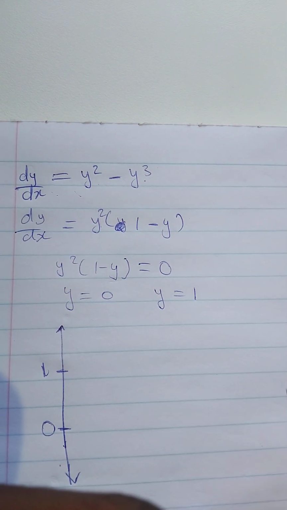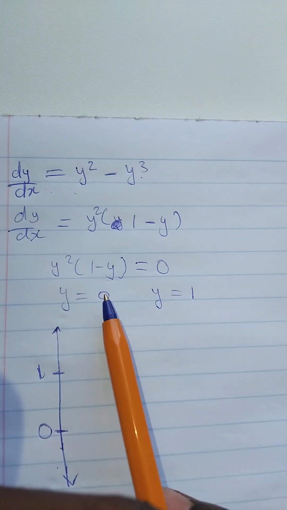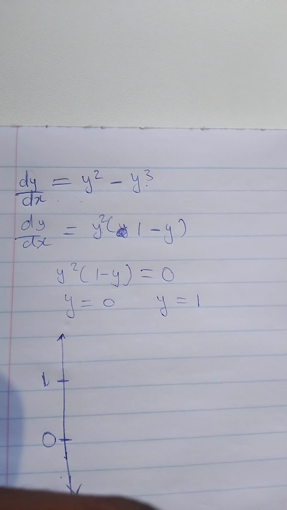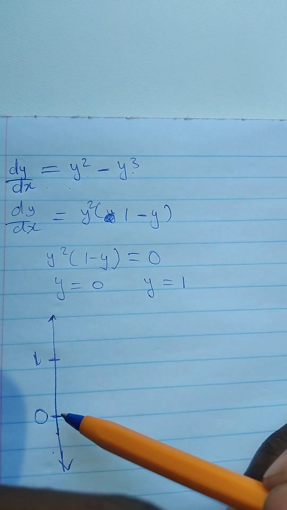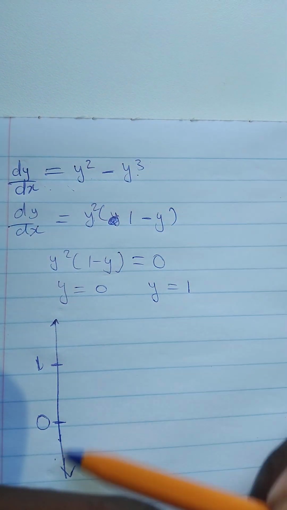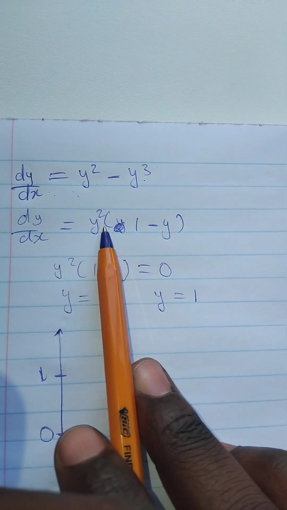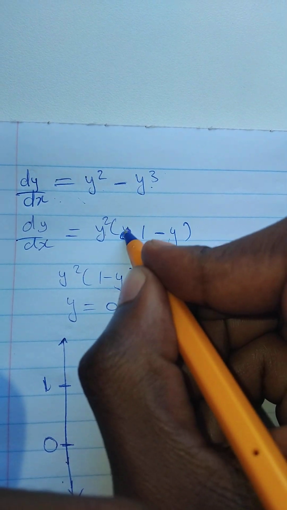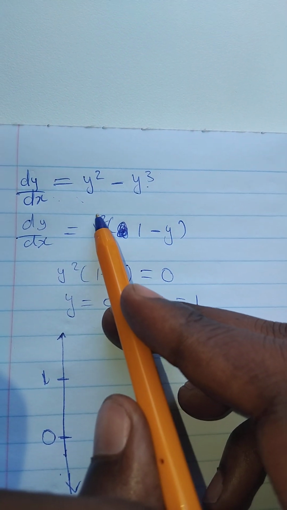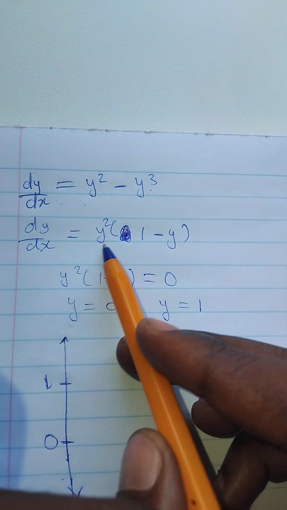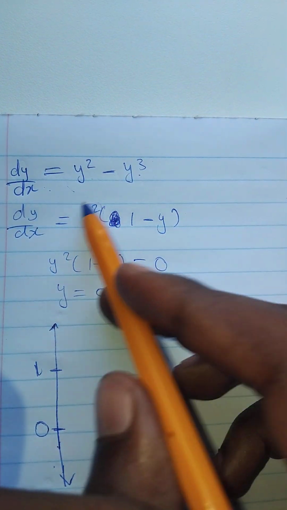So what we want to know is, where is our function increasing? Where is our derivative greater than 0 and where is it less than 0? Okay, so for anything below 0, let's take -1. Since we rewrote our derivative like this, and now we are choosing anything less than 0, the y squared part is always going to be positive, isn't it?